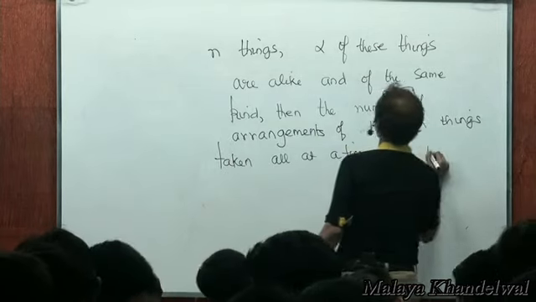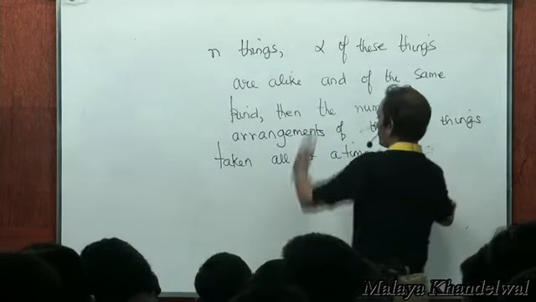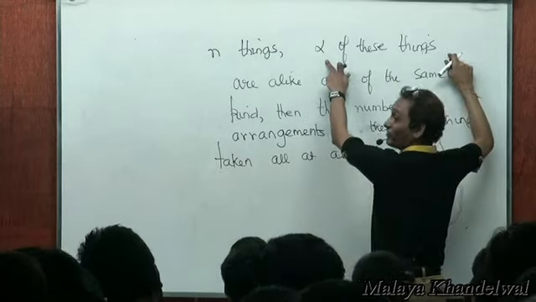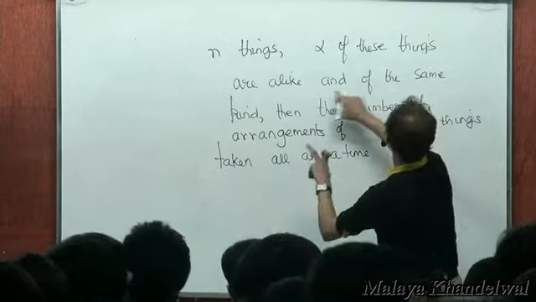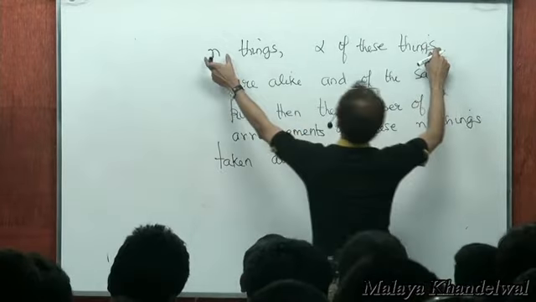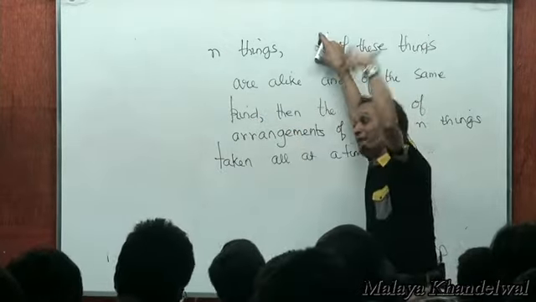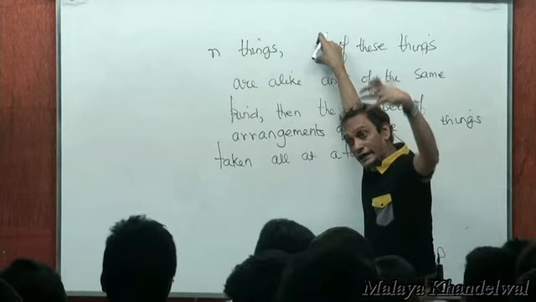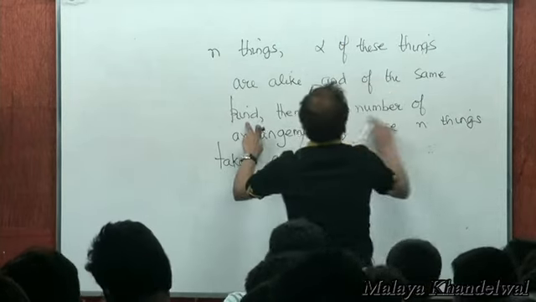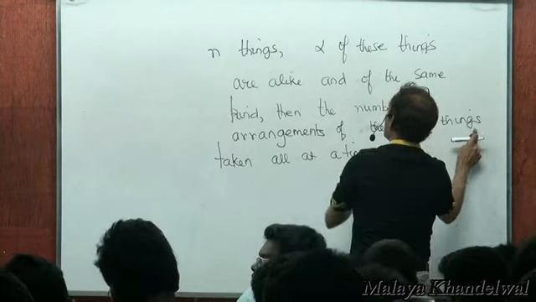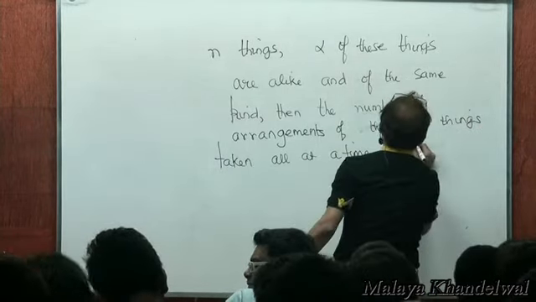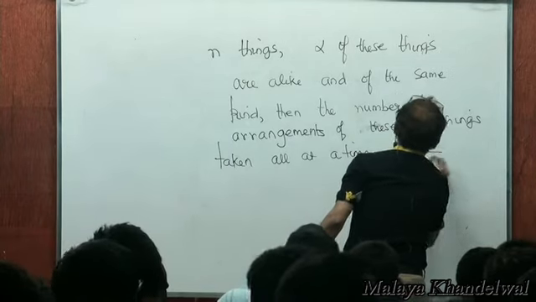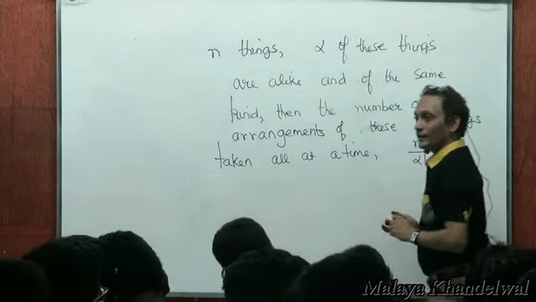in which alpha are alike, and the rest different. Out of these n things, alpha are alike, and the remaining n minus alpha things are all different. Then the number of permutations of these n things taken all at a time, that means taken all n at a time, is going to be given by n factorial by alpha factorial.